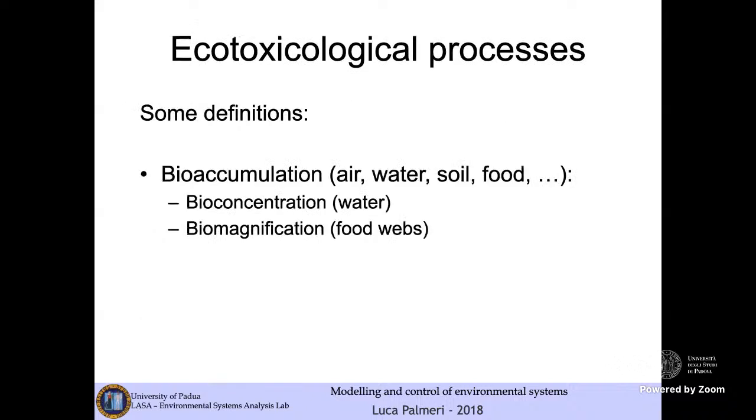First of all, it is useful to recall some definitions. We talk about bioaccumulation when we describe the fact that biological systems or ecological systems or living objects tend to accumulate toxic substances by accumulating them from matrices like air, water, soil, and food.